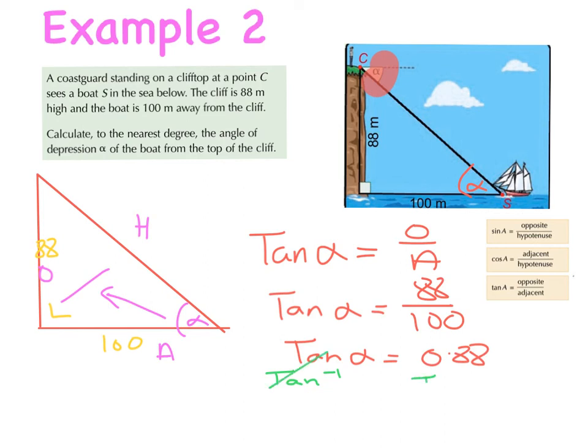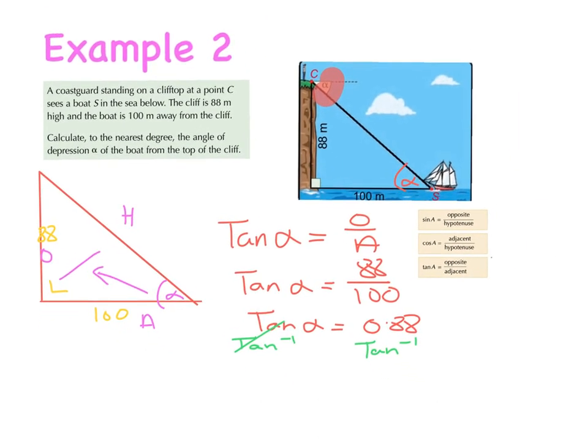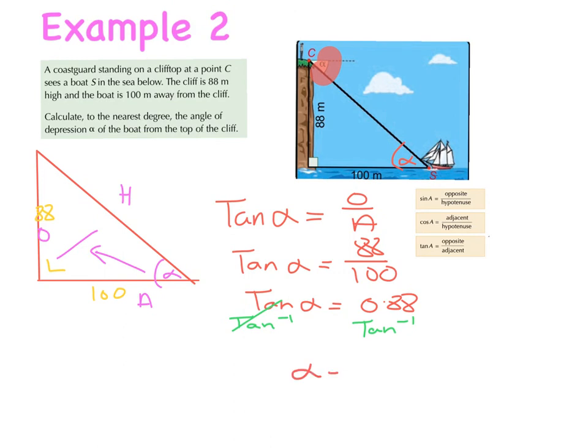But what I do to one side, I must do to the other. And so my alpha then, my angle, is going to be tan to the minus 1 multiplied by 0.88, which in this case, if I was to do that, the alpha is equal to 41 degrees. That means that this angle here is 41 degrees.